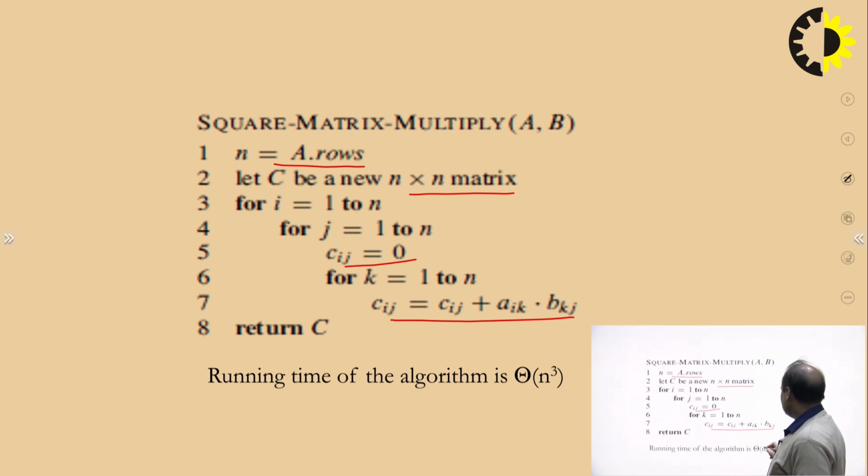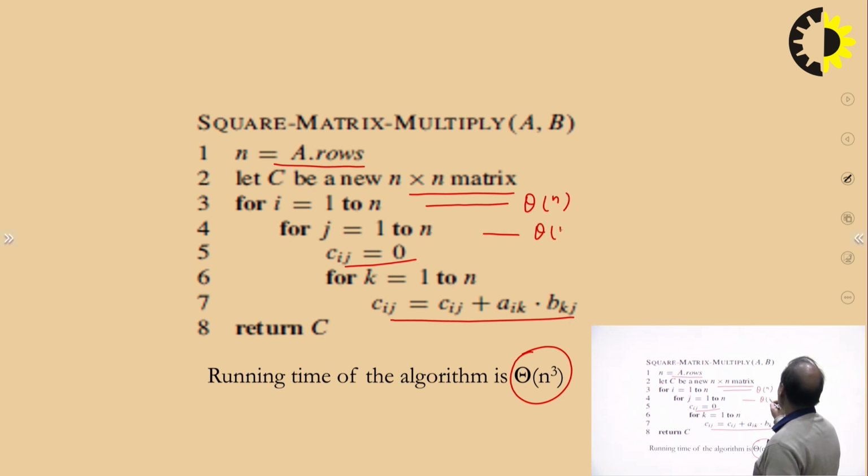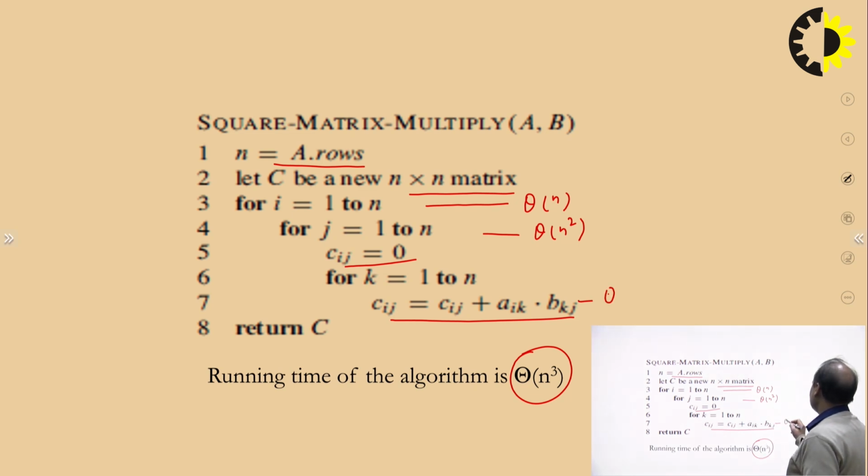Actually its running time is going to be theta n cube. Why? Because if you look at here, its time is theta n, and its time is theta n square, and since it is within this, this will be theta n cube.